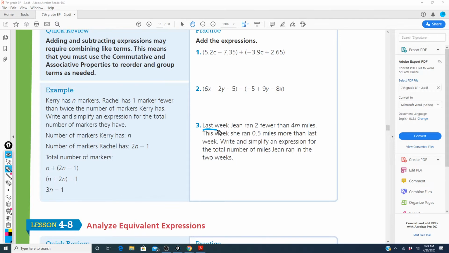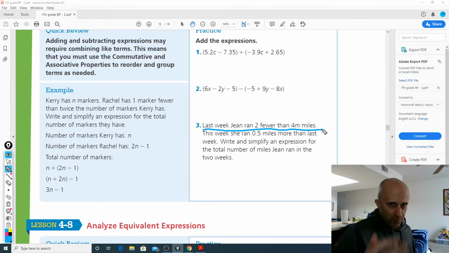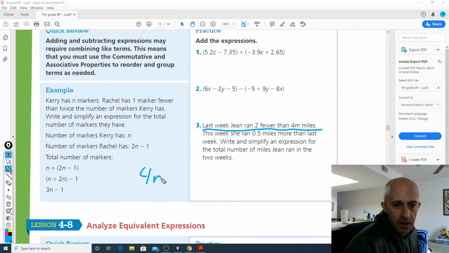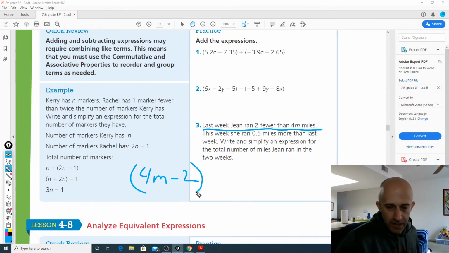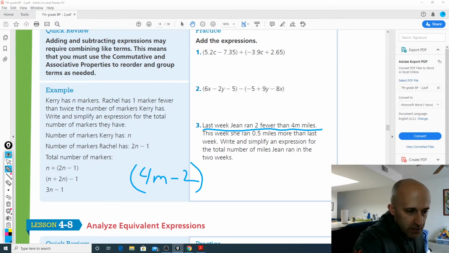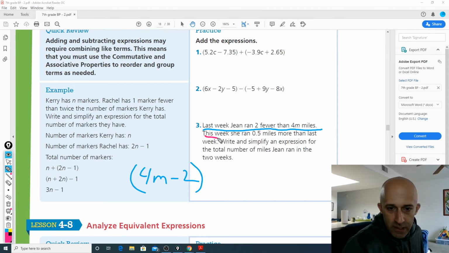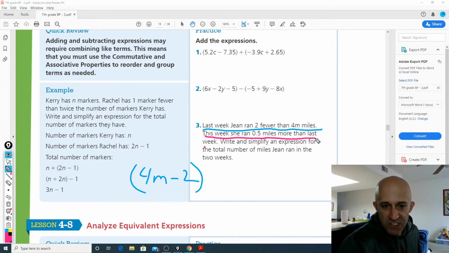Last week, Jean ran two fewer than 4M miles. The expression for two fewer than 4M miles would be 4M minus 2. That's last week. Let me change the color here real quick. This week, she ran 0.5 miles more than last week.